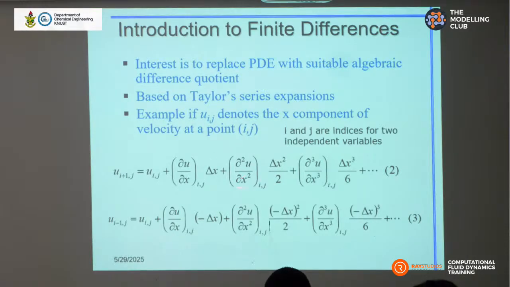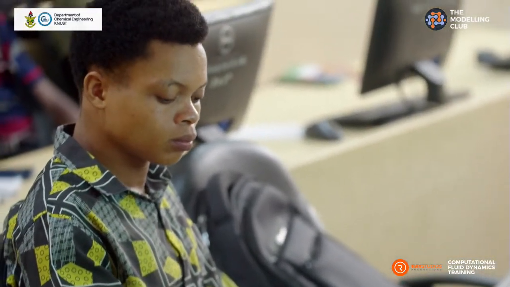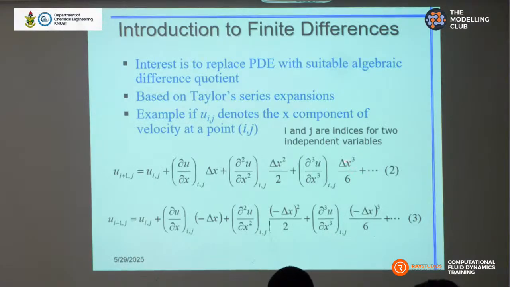Plus the second derivative of u times delta x squared divided by 2 factorial, which is 2 times 1. Then plus the third derivative times delta x cubed divided by 3 factorial, which is 3 times 2 times 1, so this is just 6, and so on and so forth.